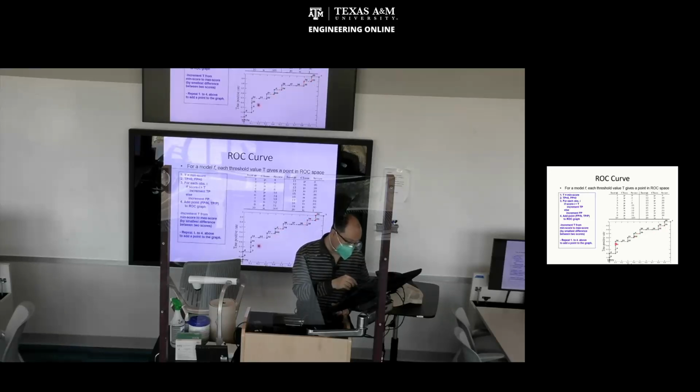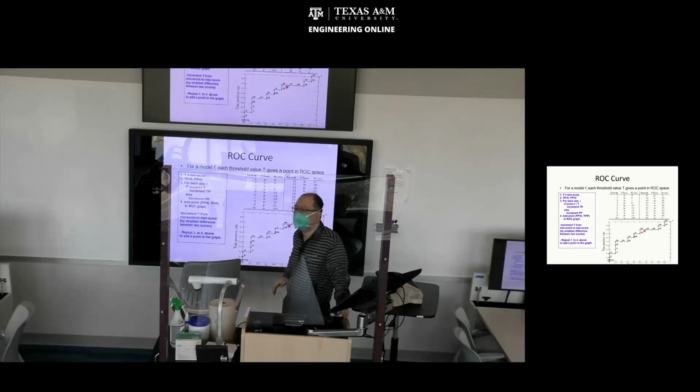And why do you have this staircase kind of shape? Why do we have this staircase shape? Because we have finite samples. These sensitivity and specificity only change when your threshold hits one of these score values.